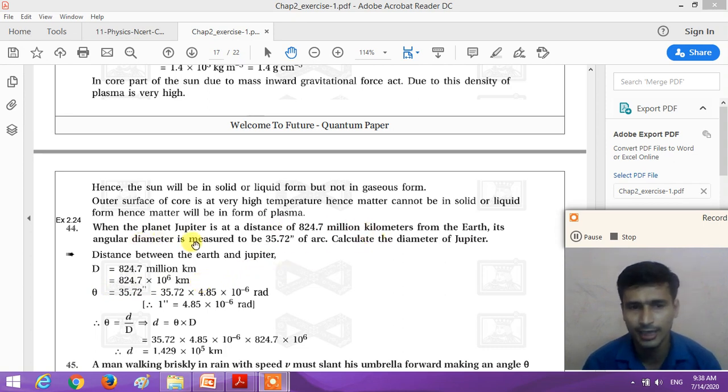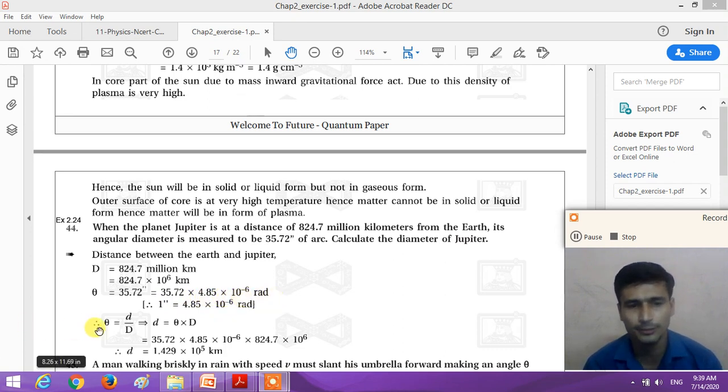The angular diameter of Jupiter is theta is equal to 35.72 seconds. We need to convert this 35.72 seconds into radian. Dear student, you know that 1 second is equal to 4.85 into 10 raised to minus 6 radian. So 35.72 into 4.85 into 10 raised to minus 6 radian.